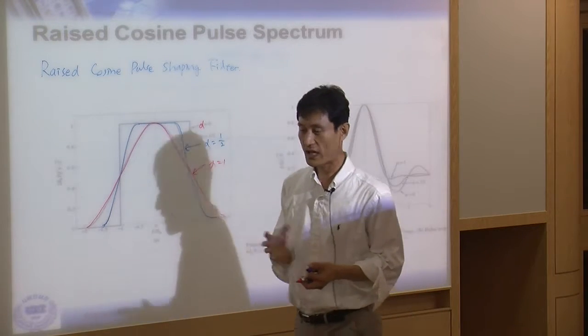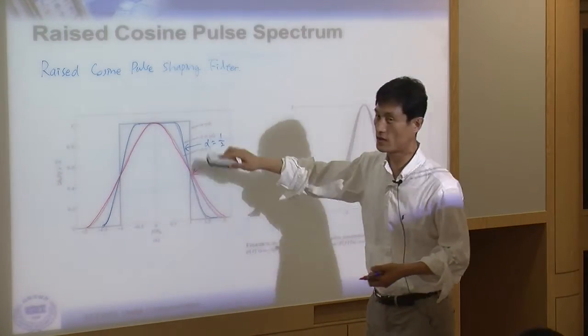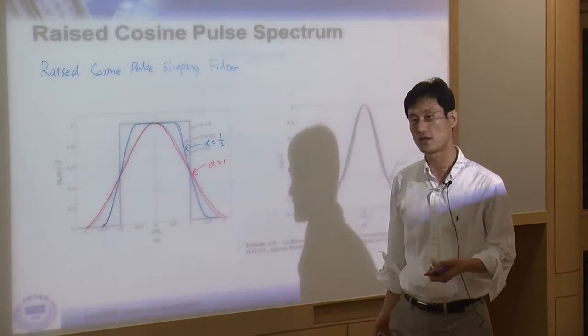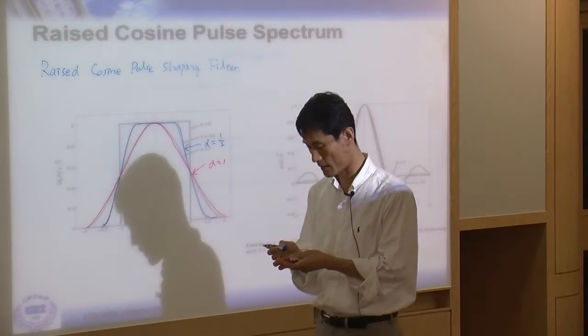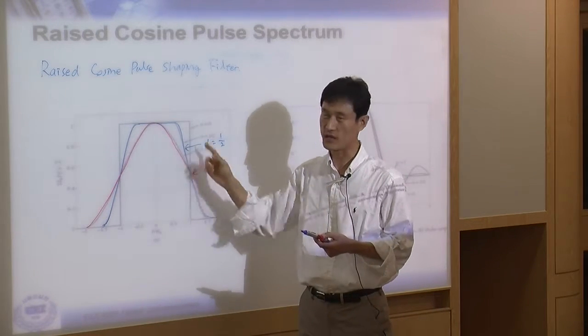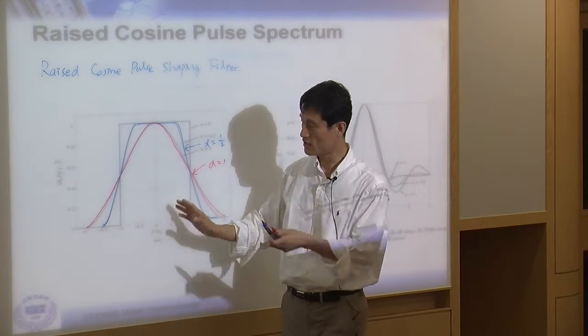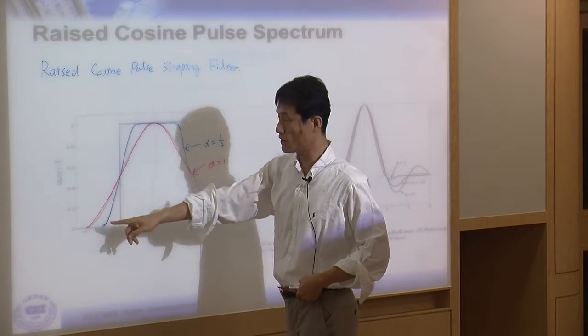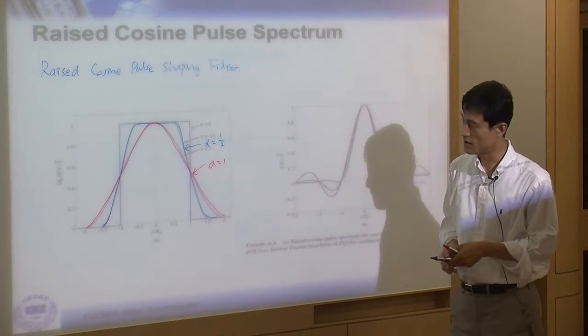So by changing alpha, you can make a blue filter or a red filter. You can control it. You can design it in different ways. But anyway, we are not going to get rectangular in the frequency domain. Instead, you're going to have a little bit of rounding. We call this a roll-off, right? We have a little bit of roll-off, left and right.